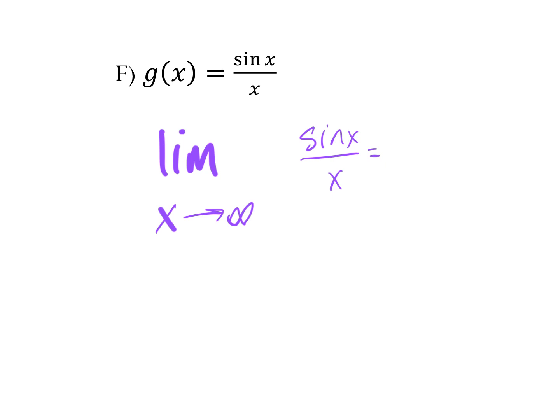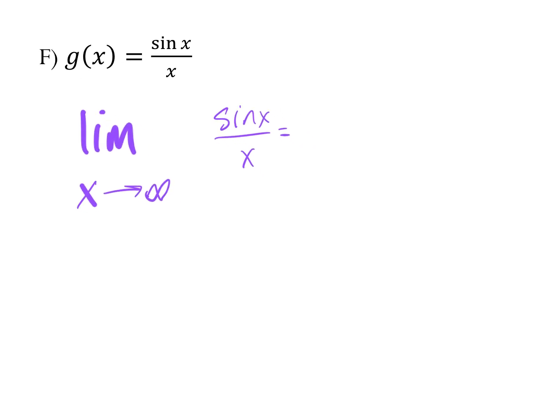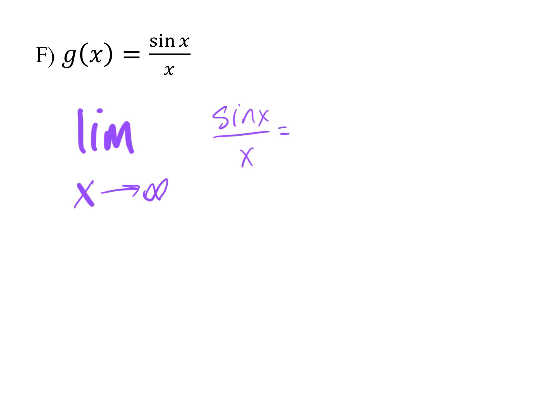It's always in between -1 and 1, right? So are you guys with me that sine of x is going to be, I'm not going to use y, I'm going to use c, for some value.